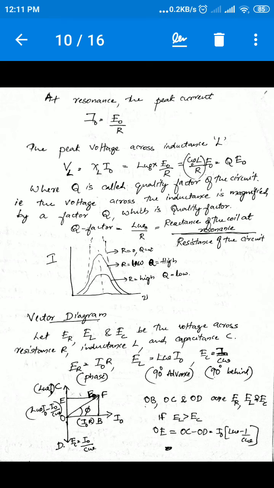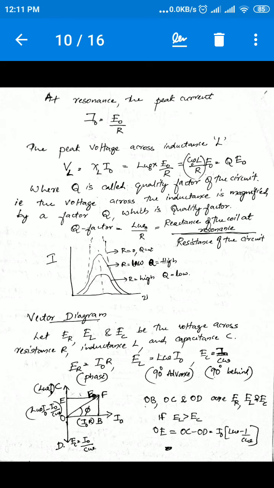So now let us move on to the vector diagram representation of this circuit. We are here representing the voltage across the resistance, inductance and capacitance as ER, EL and EC. So ER will be I0 into R, and EL will be L omega into I0, and EC is I0 by C omega.